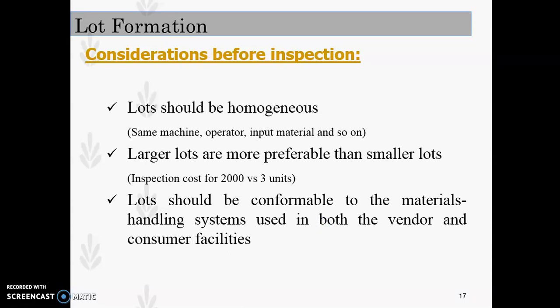Okay, next. After you understand the types of sampling plans, what are the criteria for lot formation? Before you select the lot for the acceptance sampling plan, you must make sure that the lot is homogeneous. Homogeneous means the products are produced from the same machine, same operator, same input material, and so on.